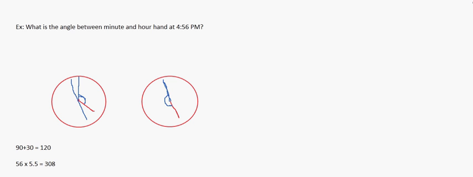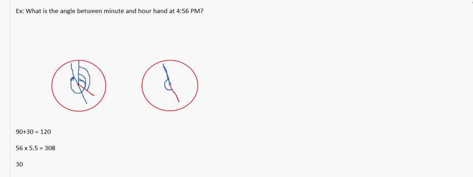So it has traveled this complete angle, which in relative terms is 308. We have to subtract the initial angle from this, right? So it becomes 308 minus 120, which was the initial angle.